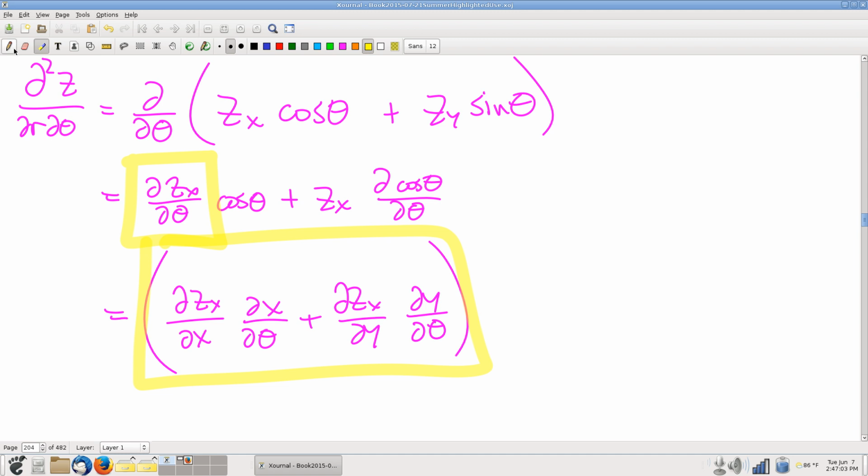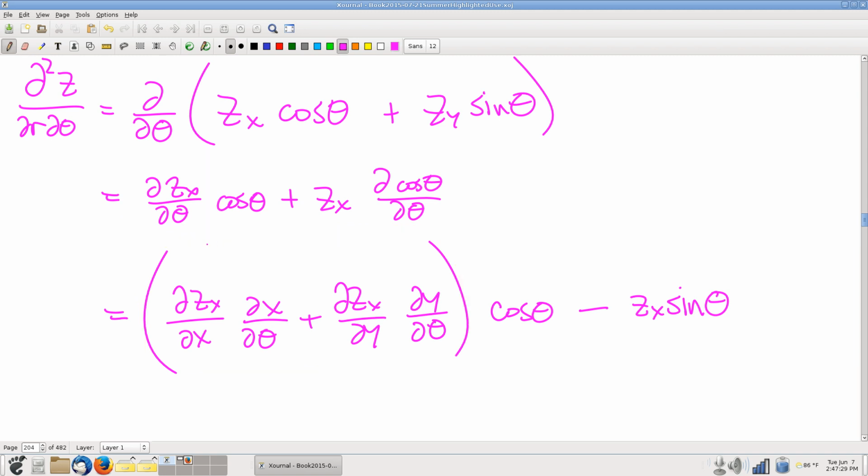So don't forget you've got to multiply it by cosine theta, and then plus zx, and then let's simplify this while we're here. Partial of cosine theta with respect to theta is minus sine theta. That's right. So I'm going to say minus sine theta. Good?